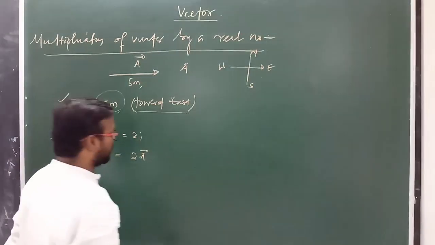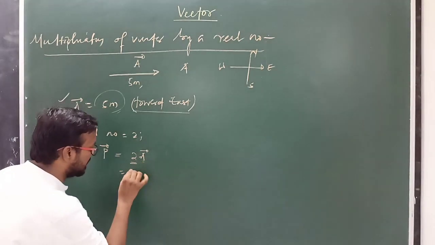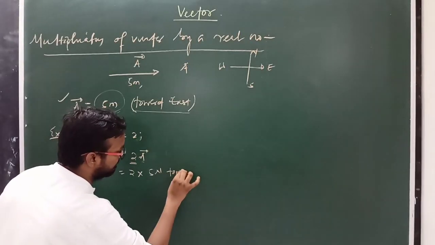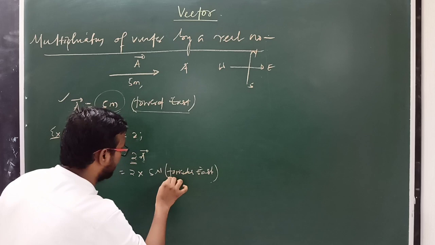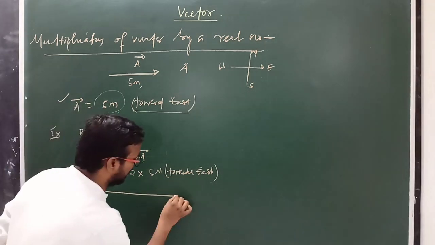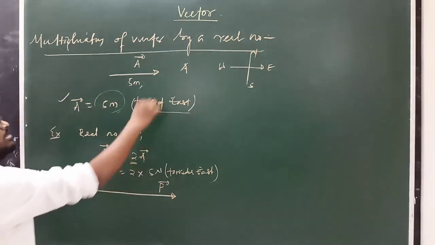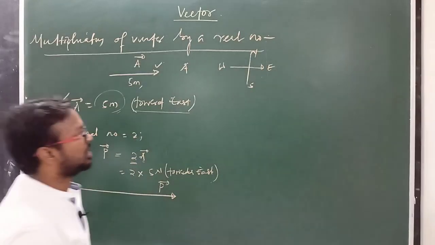Its magnitude is now 2 times a vector, which is equal to 2 into 5 meter towards the east direction. Clear? So this is p vector, its direction is along the east direction, but its magnitude is 2 times the magnitude of a vector. This is the multiplication of a real number with a vector.